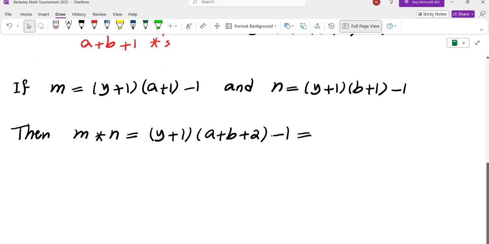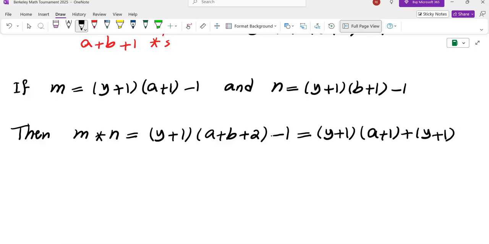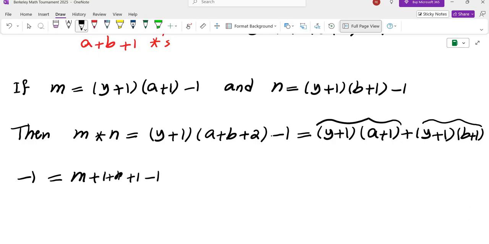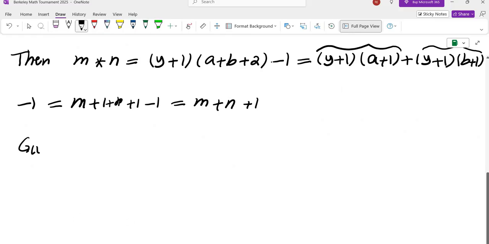Let's see if I can relate this one with m and n. I can distribute this. I would get (y plus 1) times (a plus 1) plus (y plus 1) times (b plus 1), and then minus 1. Now, this guy is m plus 1. The other guy is n plus 1, and then minus 1. So this is m plus n plus 1. So I'm guessing that, in fact, m star n equals m plus n plus 1 is in fact the answer to the problem.